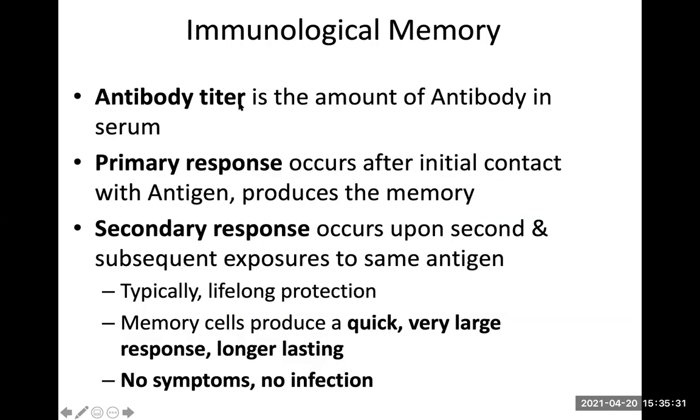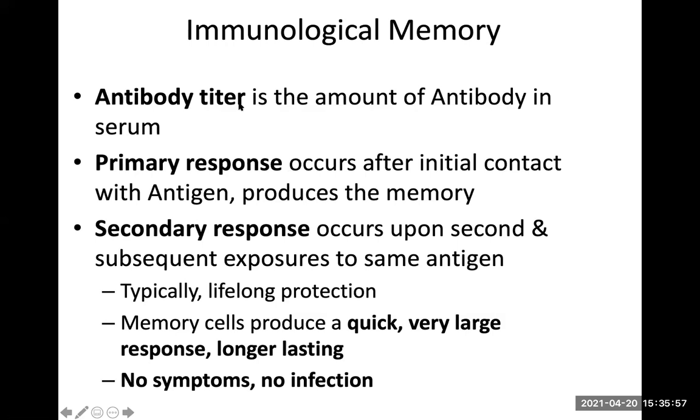Titer is the amount. So antibody titer is going to mean the amount of antibody in the serum or sample. Primary response is the response after your first contact with that particular antigen. And if you produce a memory response, typically you would, right?